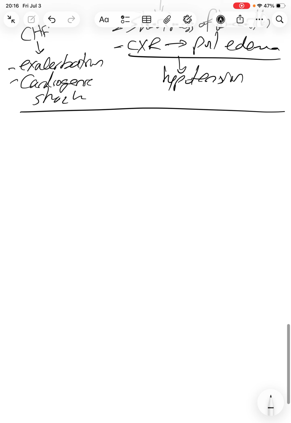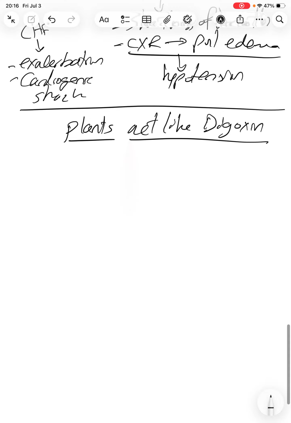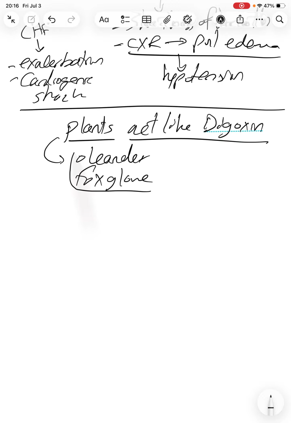After that, we will talk about some plants that may act like digoxin. What are these plants? Oleander and foxglove. These two plants have chemicals that act like digoxin, so they can cause digoxin toxicity.